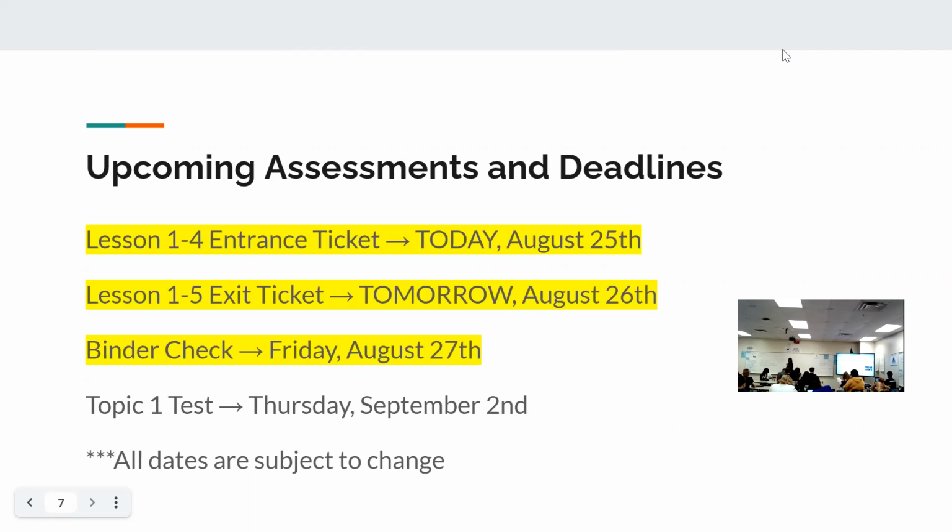So make sure that we are hanging on to everything that I give you, that you are keeping it in order from whatever day we did it on. And that way it'll make it easier for the binder check. That is going in the assessment category. It's supposed to help your grade, not hurt you. The only way it hurts you is if you're just not taking notes or you're losing everything. All right, so make sure we're staying on top of it.